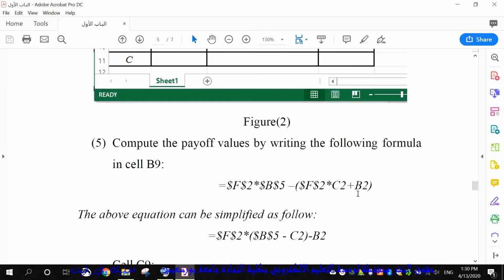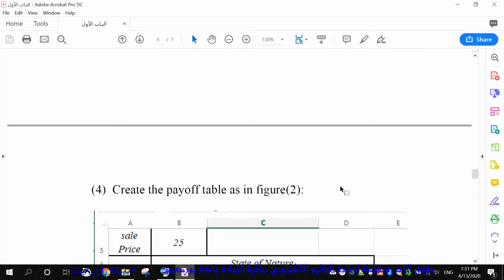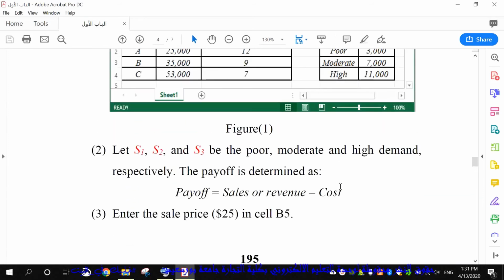So in our equations here, P2 is the fixed cost. We are still looking for the variable cost. The variable cost consists of the number of units produced in case of poor for the product A, which is written in the cell F2, multiplied by the variable cost of the product A. Let's go to the above table in figure 1.